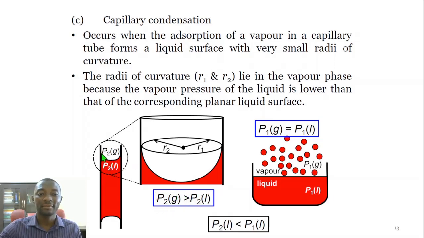That's why the interface curves inwardly, and the pressure of the liquid in the tube is less than the pressure of the liquid in the beaker, in this case, for the flat surface.